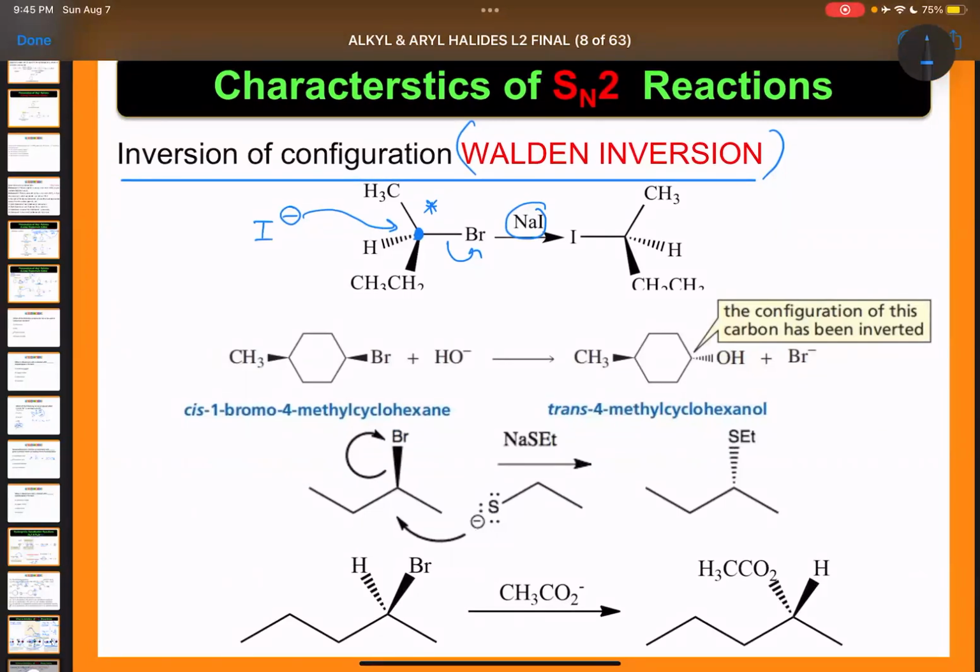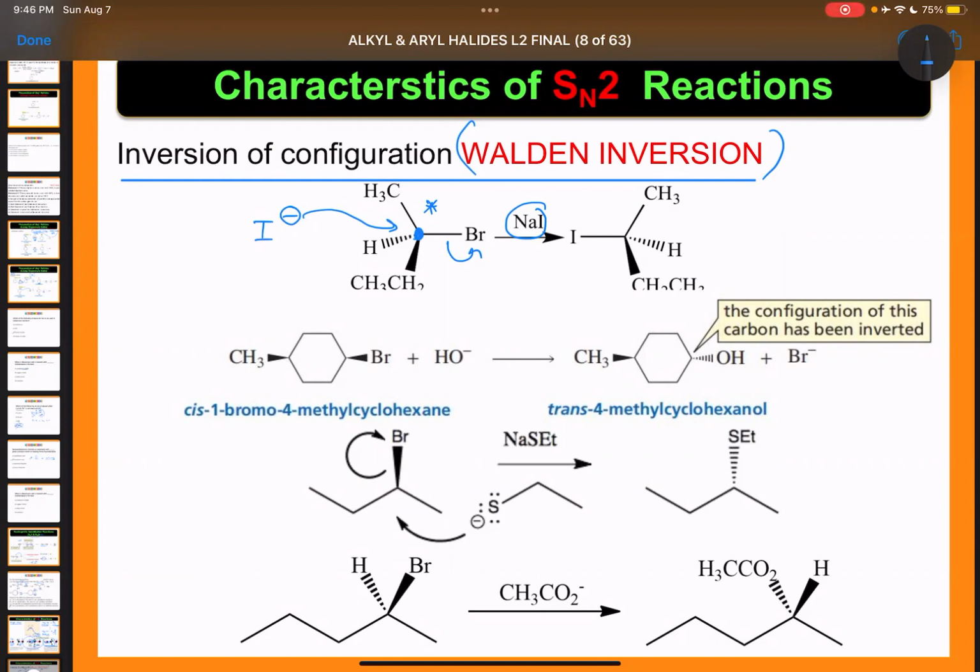It means that for the carbon atom which is chiral, wherever the attack occurs, the bonds which were on this side became like this.